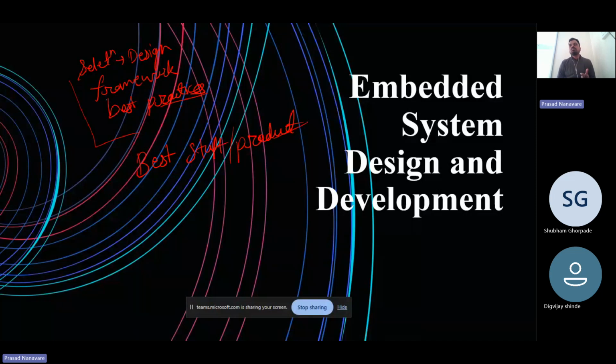But it should never be done this way. Rather than the best, you should select suitable or required products. So this mindset changes when you study design and development best practices.